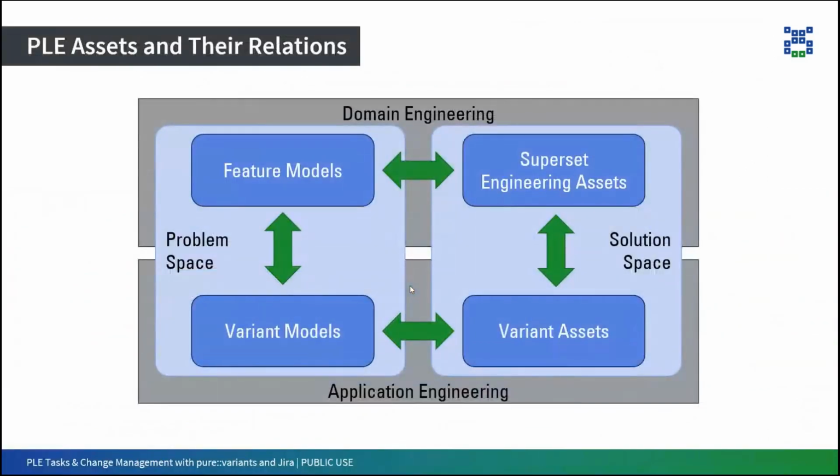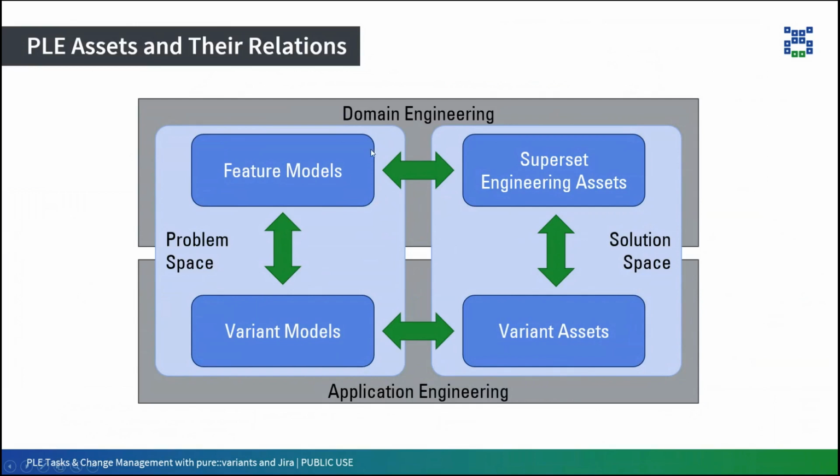If you have watched our previous webcast videos, you will be very familiar with this figure shown here. We use this figure multiple times to present PLE assets and their relations. I will briefly introduce it.